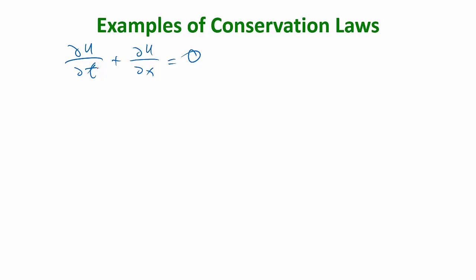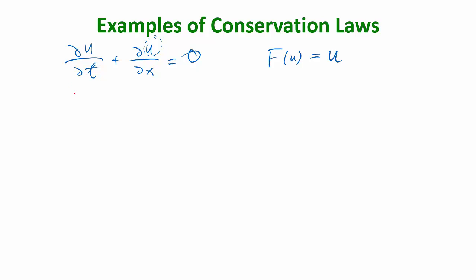Is that a conservation law? It is. What is f of u? f of u is just equal to u, because this is where f of u should be. So f of u equal to u means it's the advection equation.